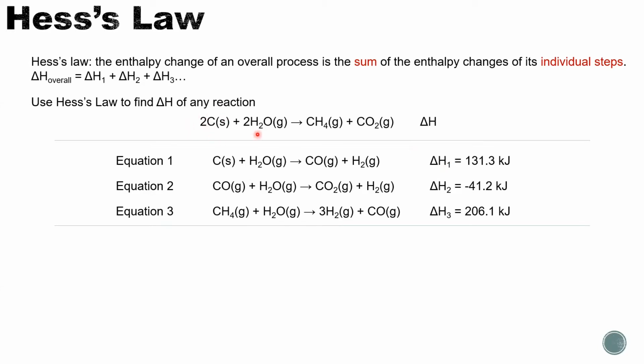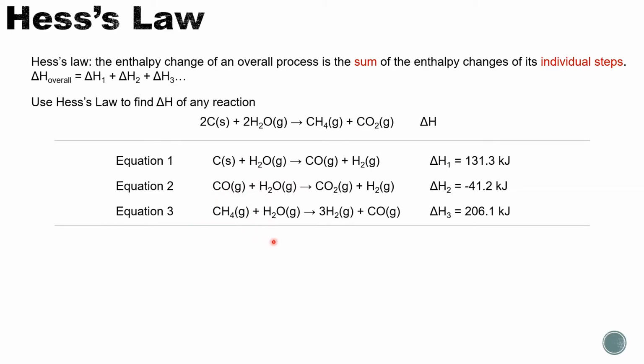For water, all 3 reactions have water at this point, so we'll just keep it as it is and come back to it last. Then we have methane as the product. The only place we can find methane in the individual steps is equation 3, where it shows up as a reactant.